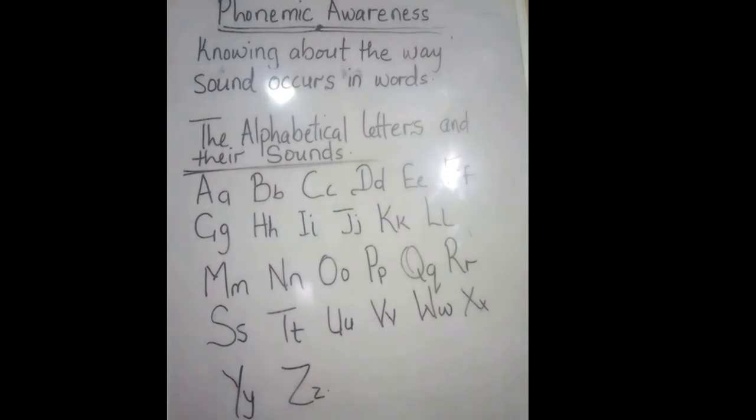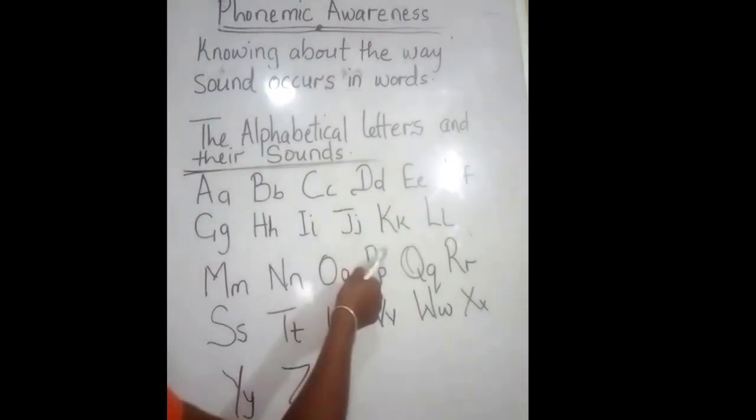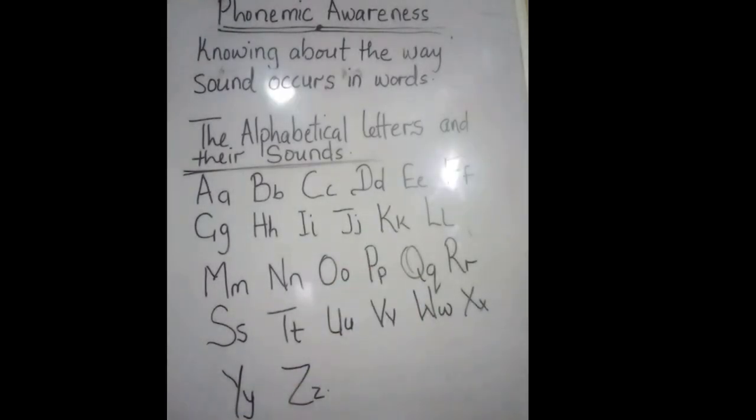N. And letter O makes the sound O, O, O. Letter P makes the sound P, P, P. Letter Q makes the sound Q. Letter R makes the sound R, R, R.